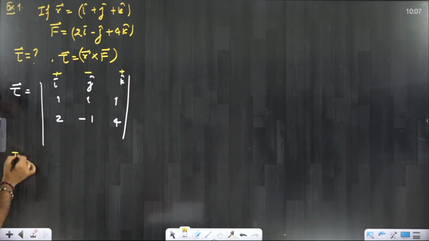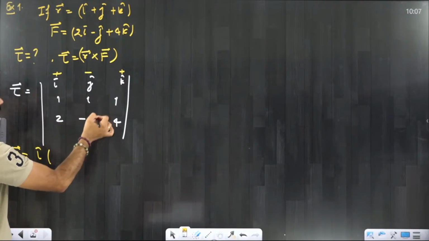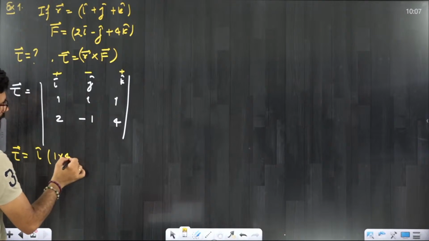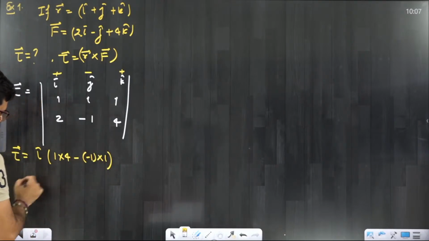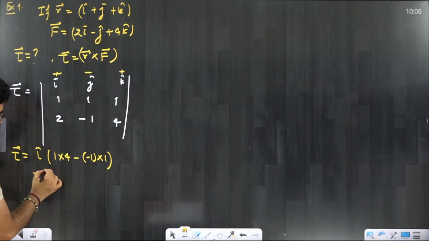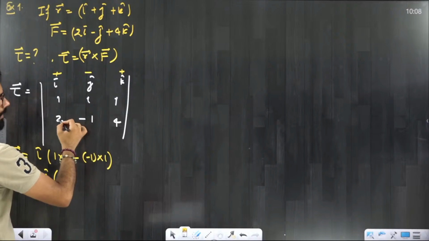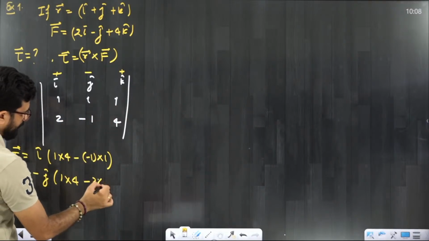I am writing the torque. Torque is equal to, first, i. For i it would be 1 into 4 minus 1 into 1. Okay, this is the i. Similarly for j, but this is minus: j is 1 into 4 minus 2 into 1.